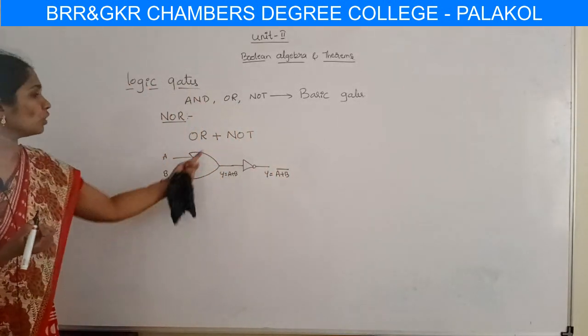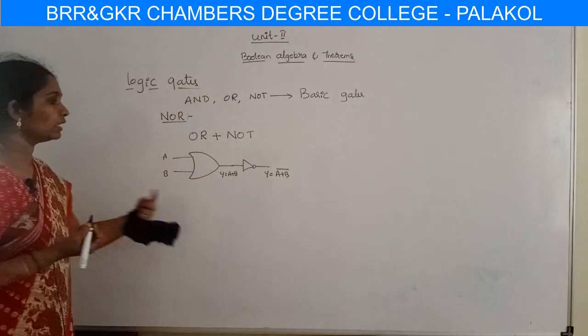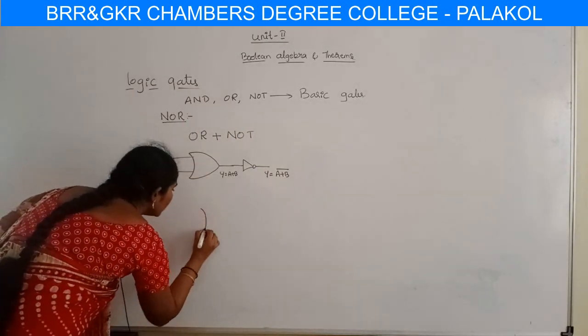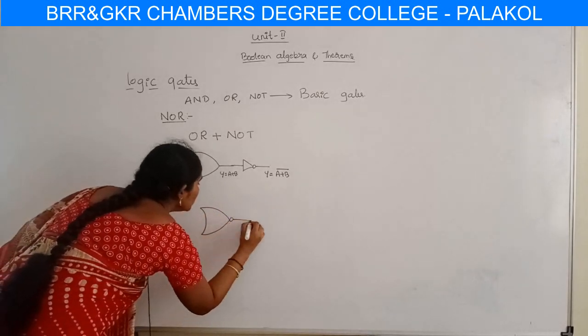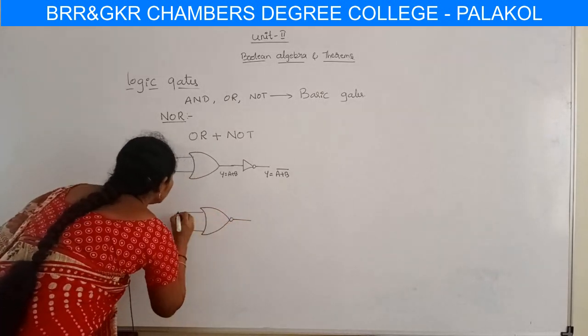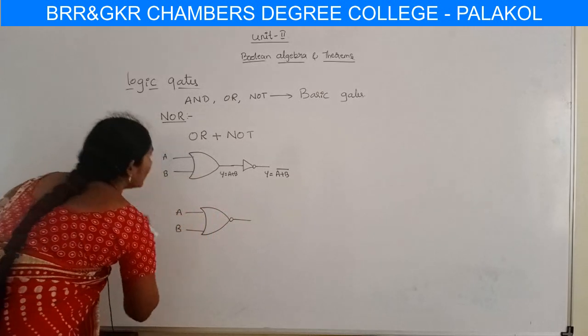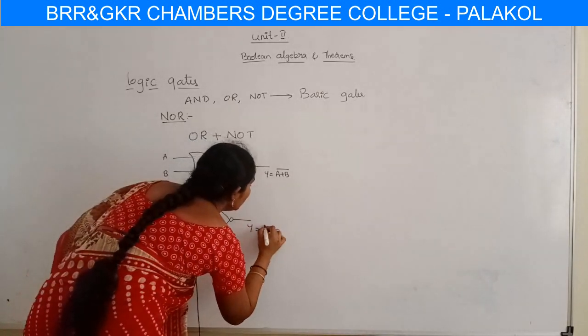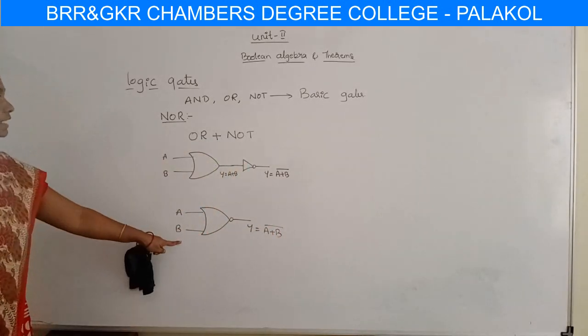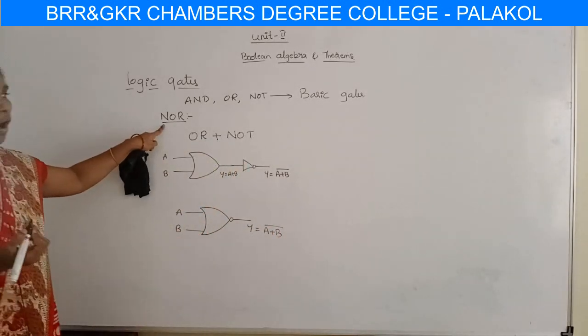Okay, and we can also draw this symbol as A and B, and Y is equal to A plus B whole bar. This is the symbol for the NOR gate.